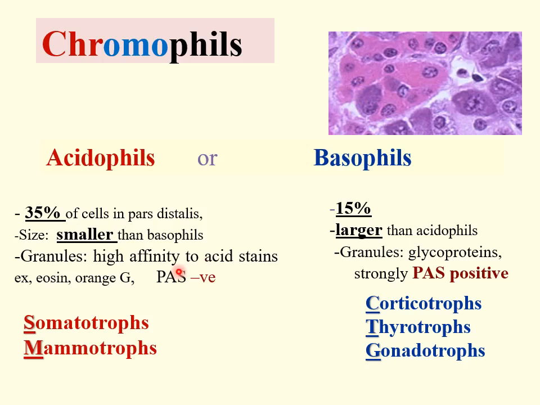The granules inside the acidophils have affinity to acidic stains, such as eosin and orange G. But the granules inside the basophils are glycoprotein in nature. Glyco means carbohydrate, so these cells are strongly PAS positive.